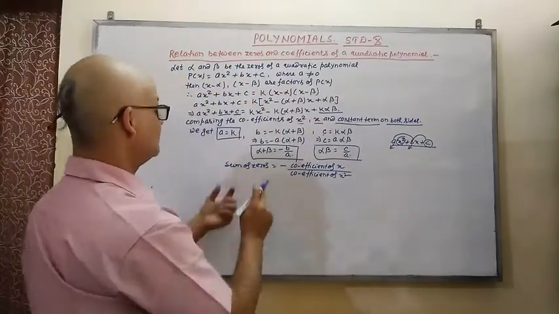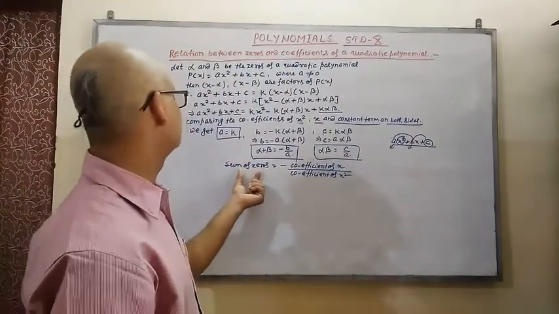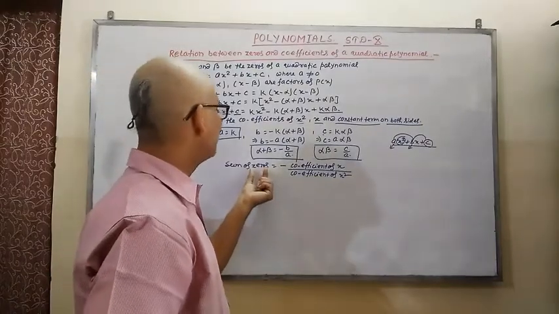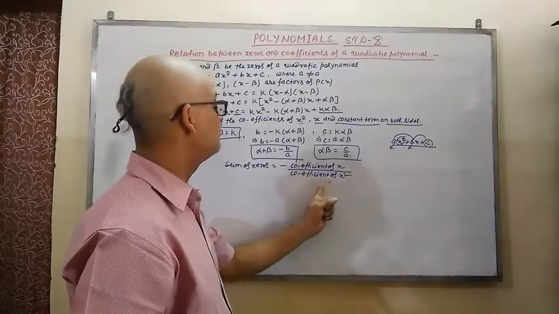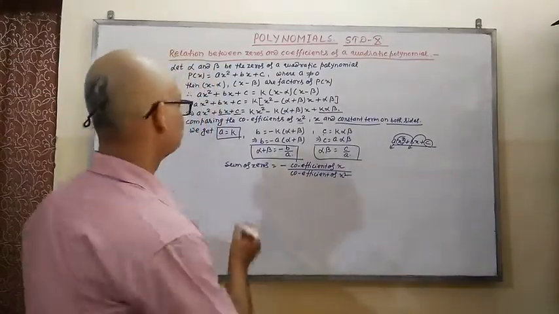So sum of zeros means whatever the zeros are there, if we take their sum, then that sum must be equal to minus coefficient of x divided by coefficient of x square.